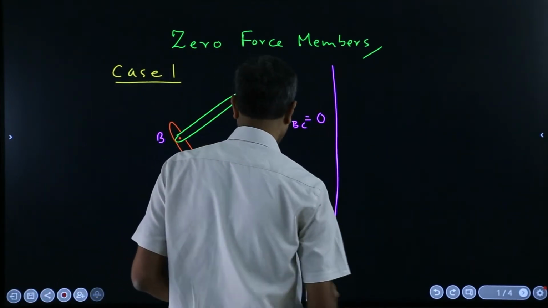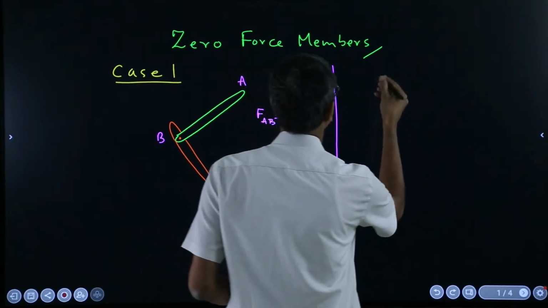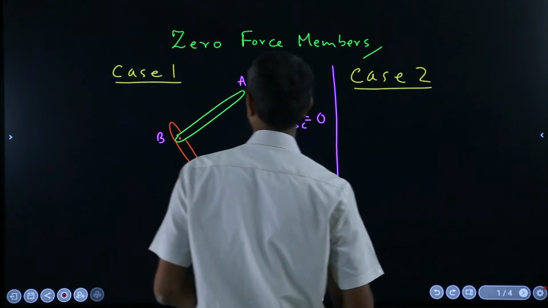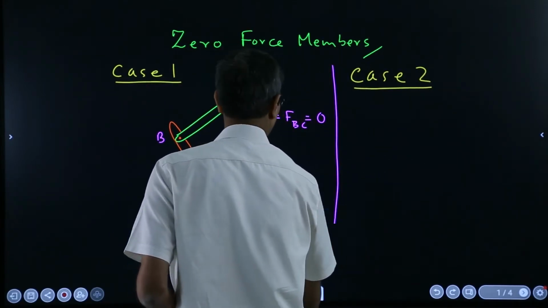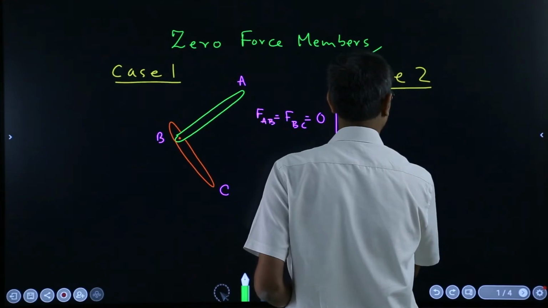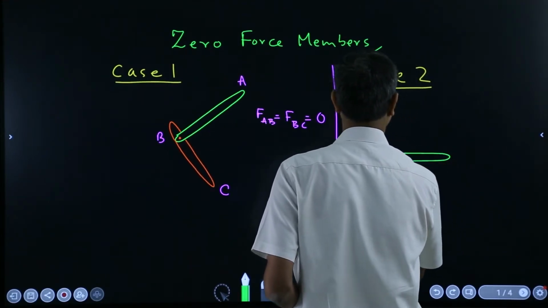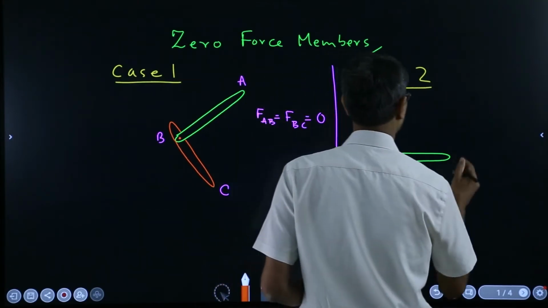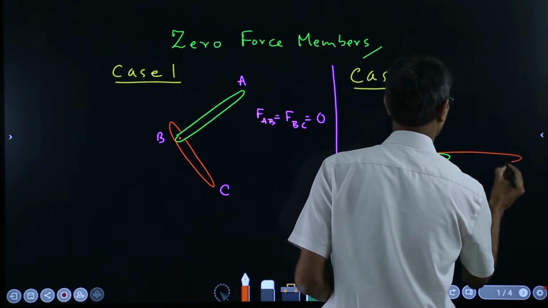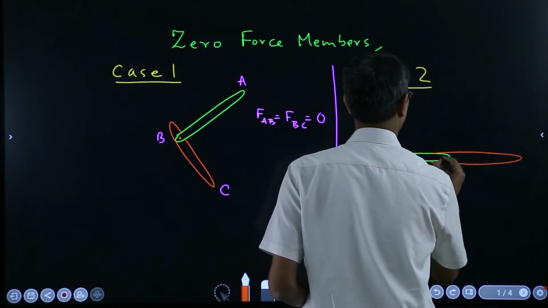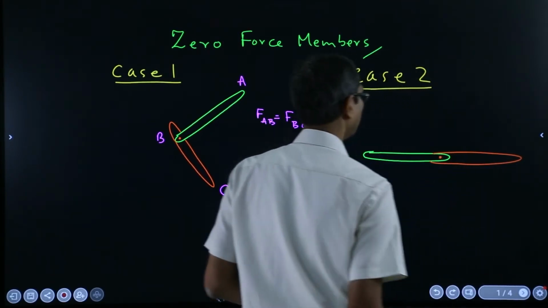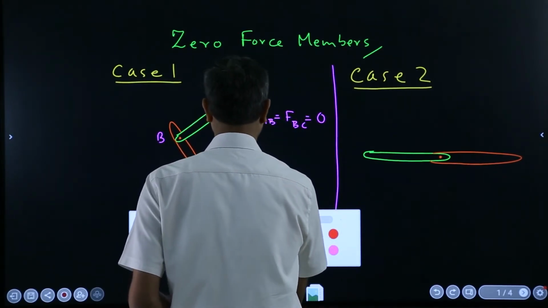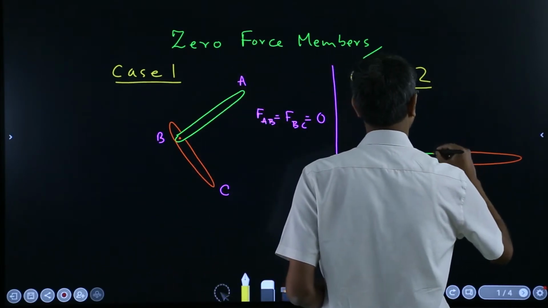And the case 2, okay, let me write here. Case 2. Case 2 is like this. Suppose you have one element like this member, another member which is collinear with it at the joint here, and then you have an additional member which is something like this maybe.